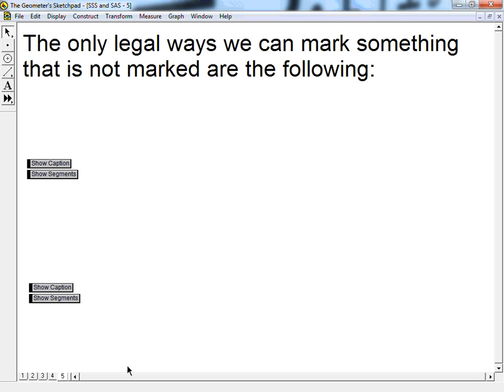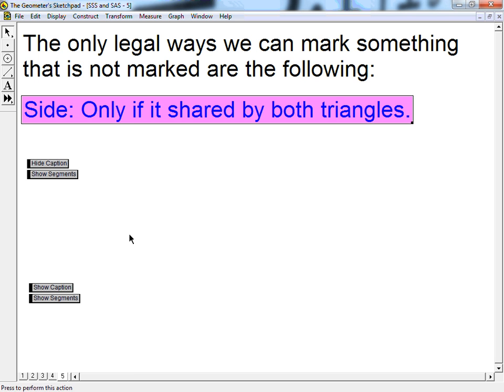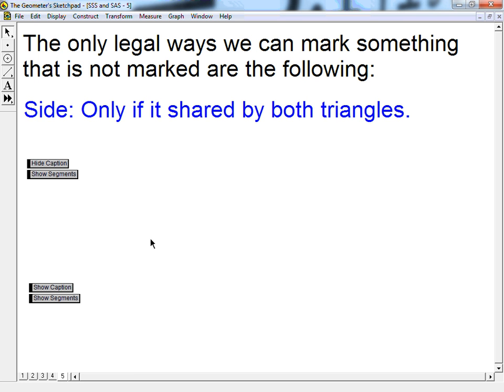The only way I can mark a side is only if it is shared by both triangles. An example of that is something like that. There are two triangles and they both use the same side.